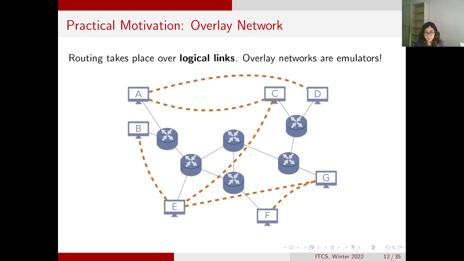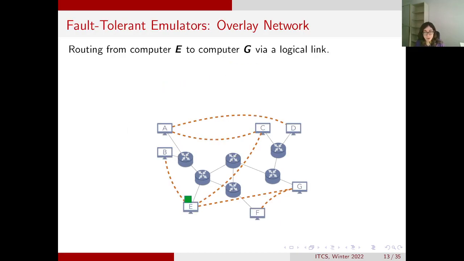And in the context of routing, these are exactly like emulators in many scenarios. So let me give you an example of how these logical links work for routing. Let's say I want to route a packet between node E and node G in this network, and there is this logical link or an emulator edge between these two nodes.